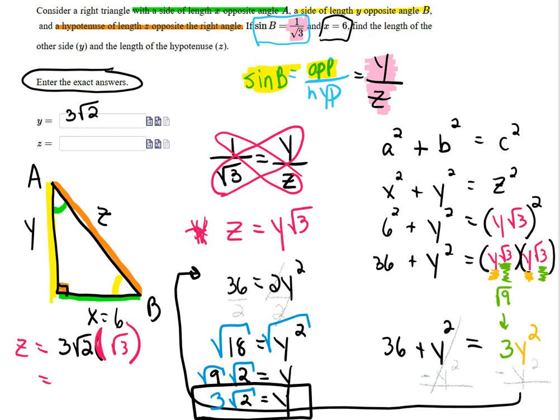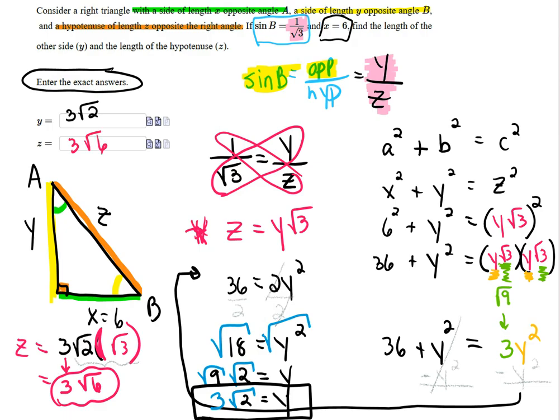What happens is this 3 here is just 3, and then the square root of 2 times the square root of 3 becomes the square root of 6, and that is z.